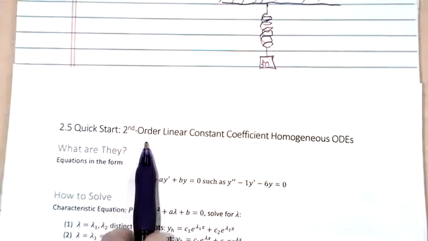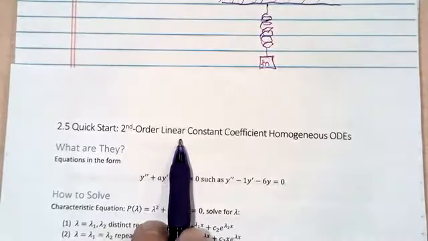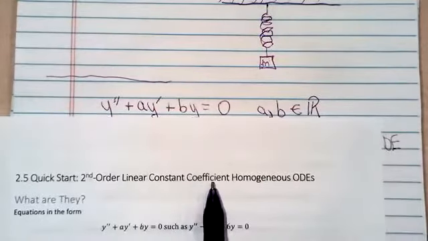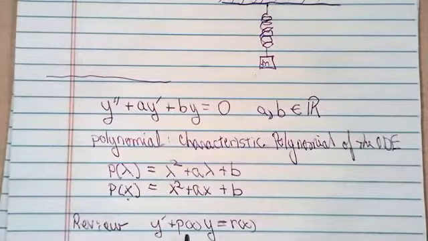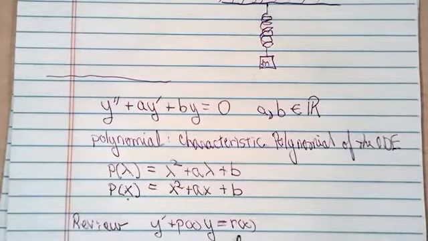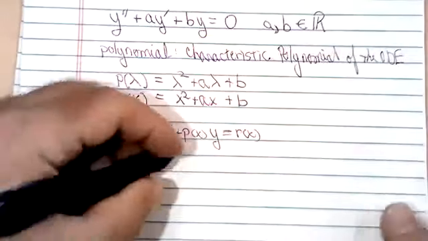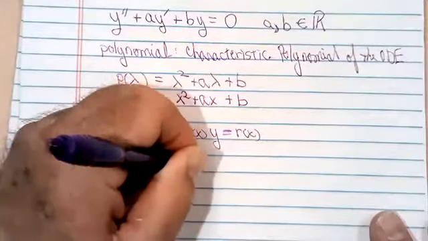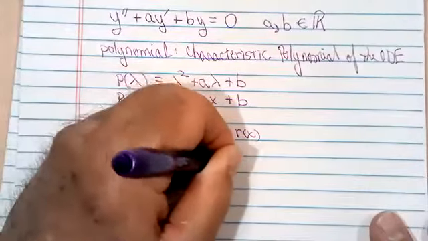We're going to have first order instead of second, but it's got to be linear. Well, we got that with this formula, but constant coefficients, that means that thing has got to be just a number, and homogeneous means that right-hand side is going to have to be 0. So let's take such an equation, y prime plus, let's say, ay equals 0.